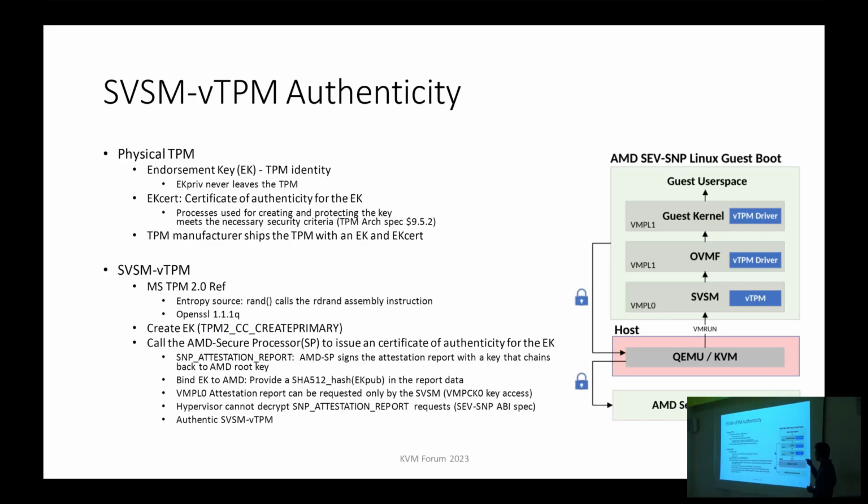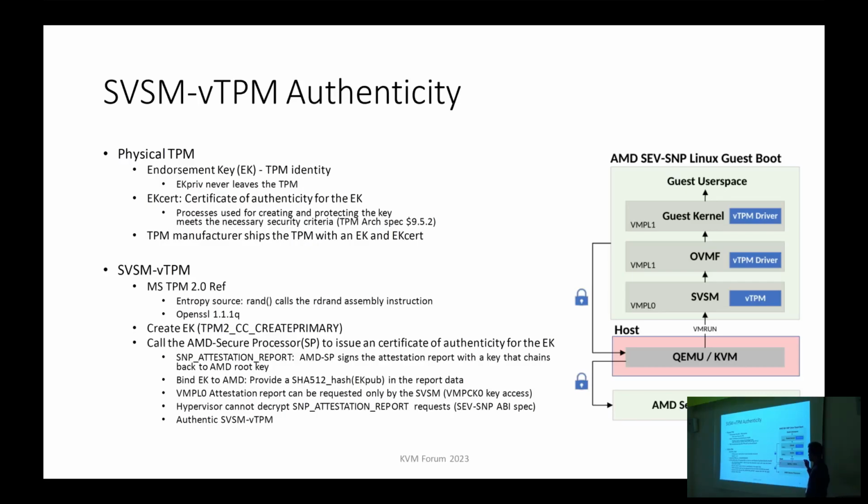And for that, we changed the rand function to call the platform RDRAND assembly instruction. And since we are using the Microsoft TPM 2.0, it depends on OpenSSL, so we have to have an OpenSSL.